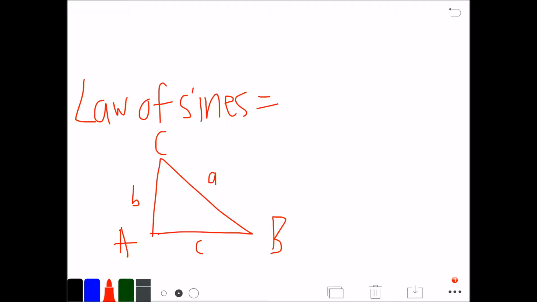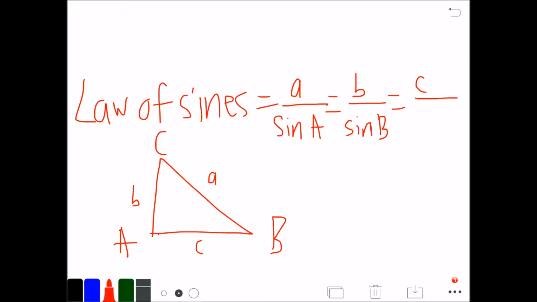So the law of sines says that side A over sine of angle A equals side B over the sine of angle B equals side C over sine of angle C.